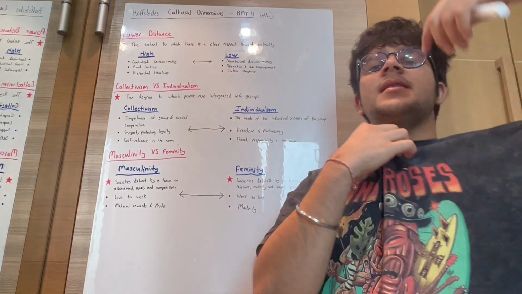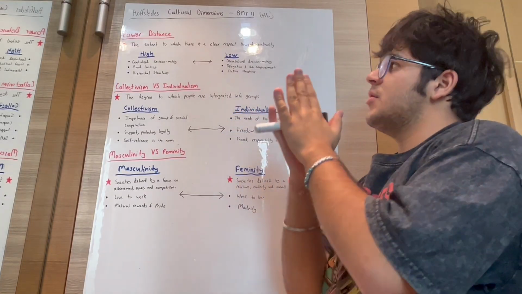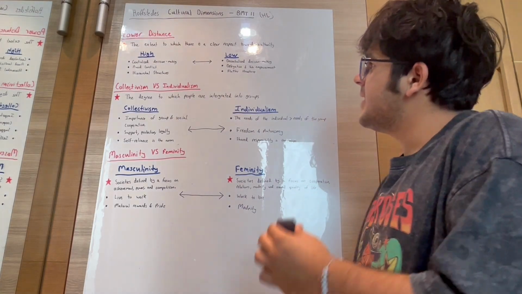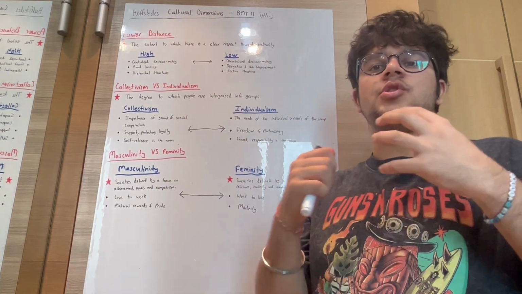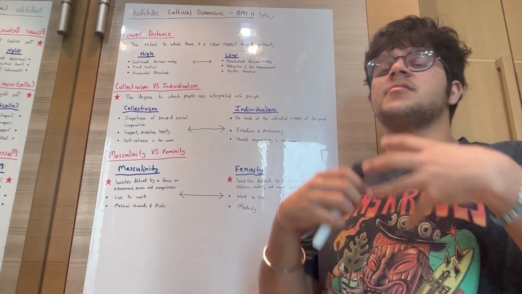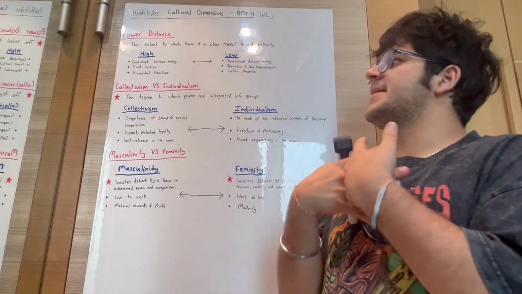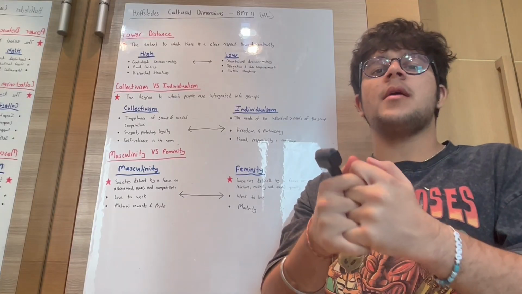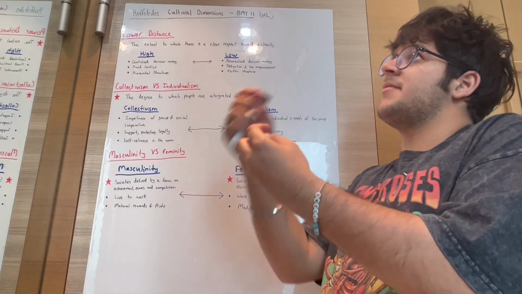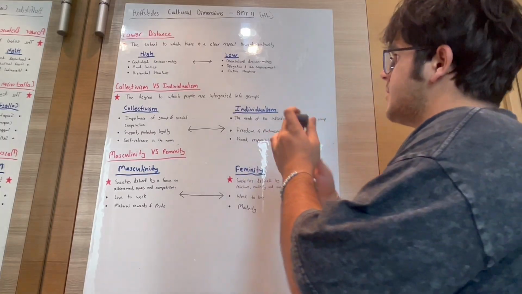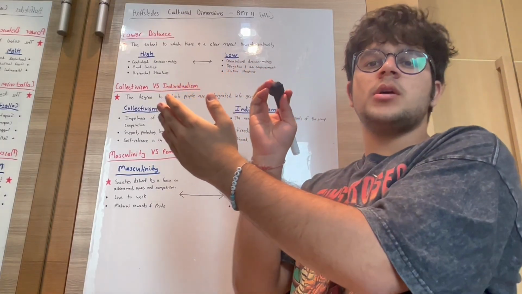And within these low power distance organizations and regions, this sense of delegation and job empowerment is greatly used because people feel empowered in their job to do the work rather than just listening to the authorities, okay? So this does lead to, as I said, a flatter structure, okay?